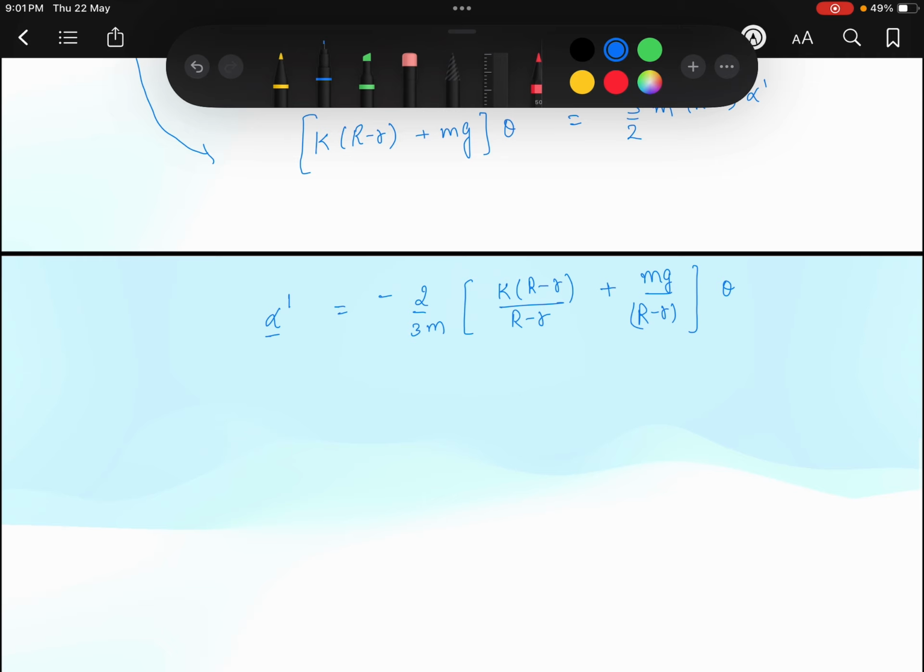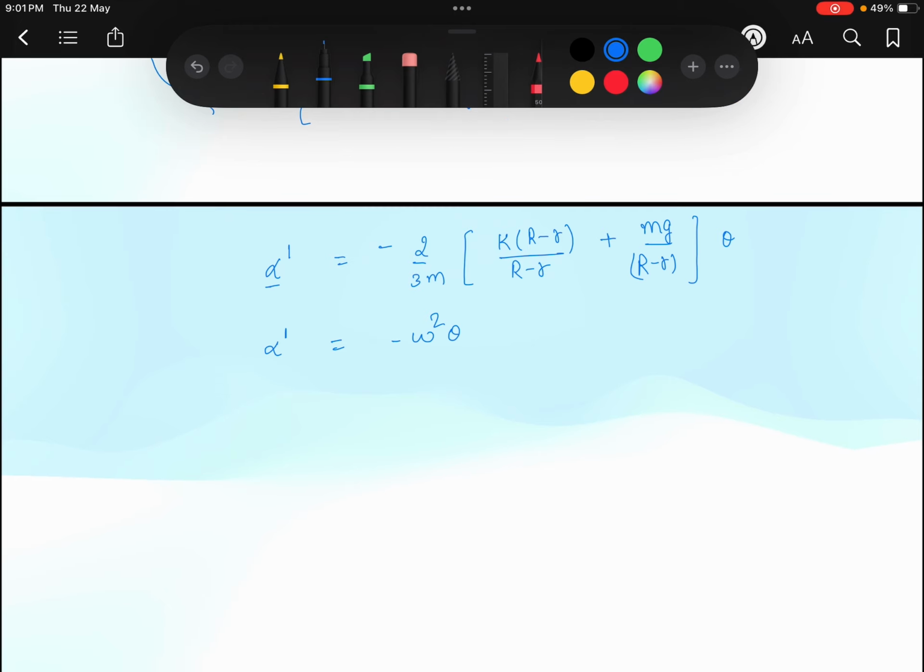So we can compare this term with the angular acceleration, that alpha is equal to minus omega square theta. Here omega is the angular velocity of simple harmonic motion.